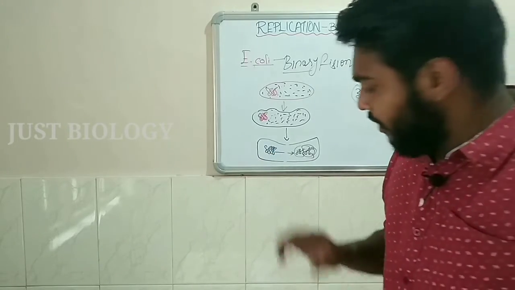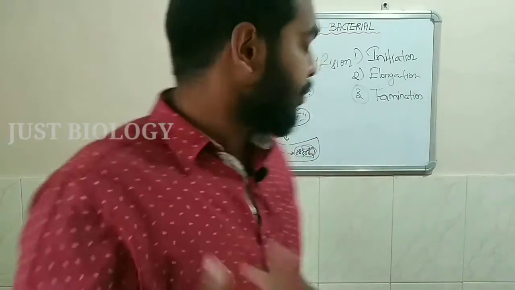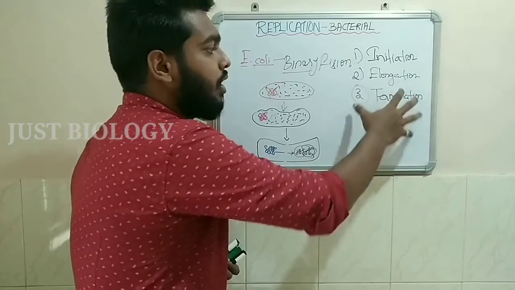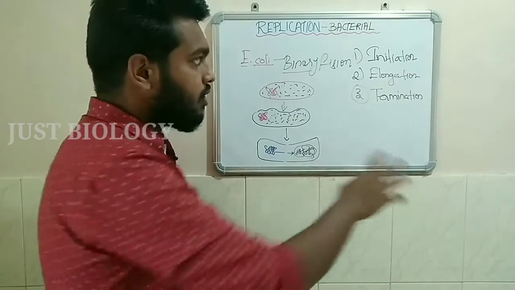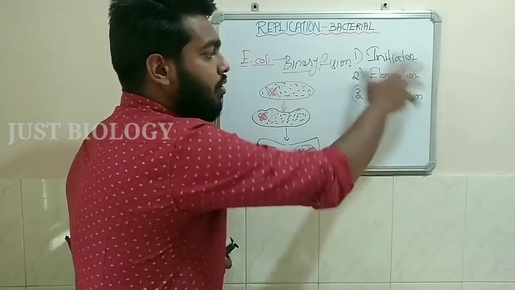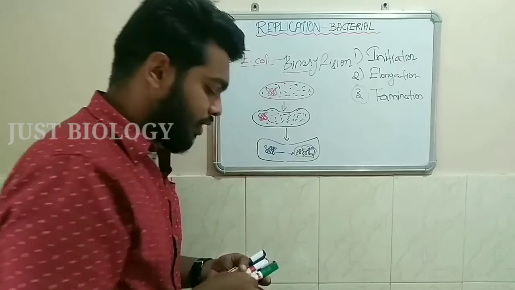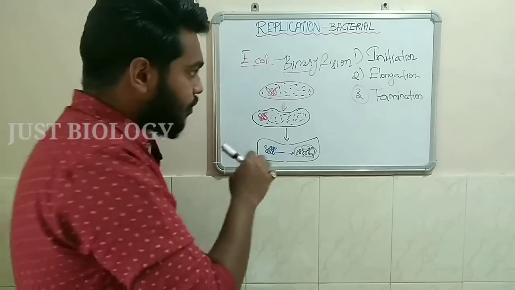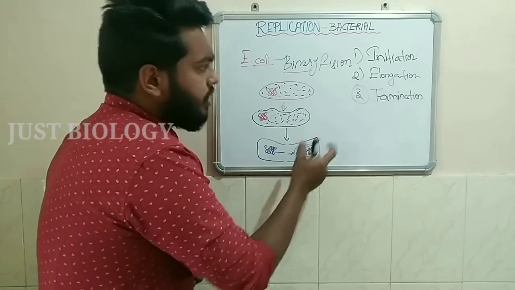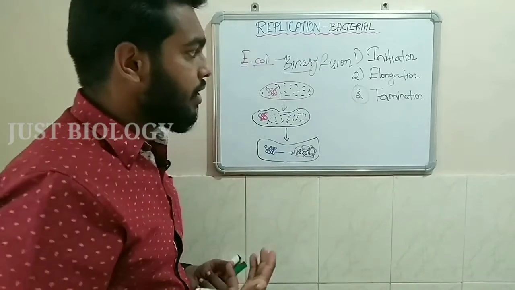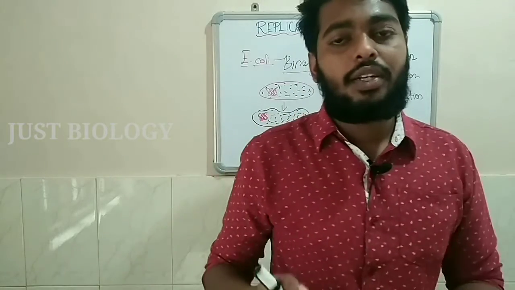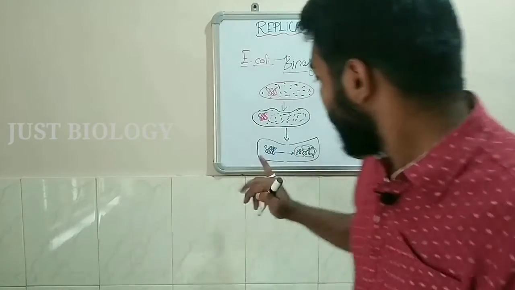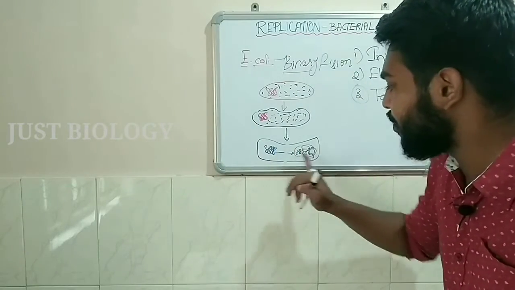That is the idea. The binary fission will give you 2 cells after the initiation, elongation and termination processes happen. So once the cell finishes all this, you will get 2 things. How? Once the last stage of the replication, that is termination, is finished, the cell starts making a wall between the two genomes here.